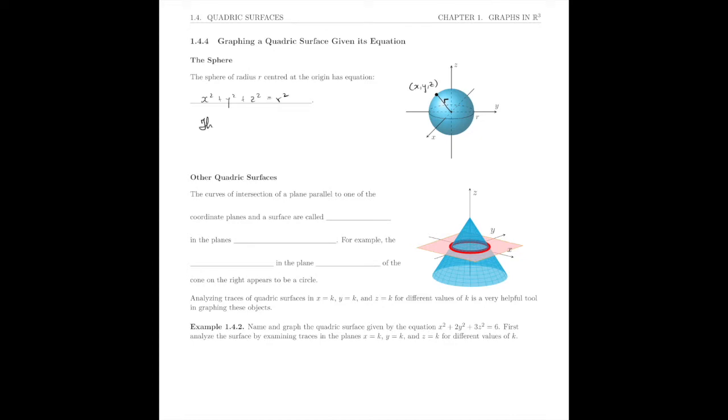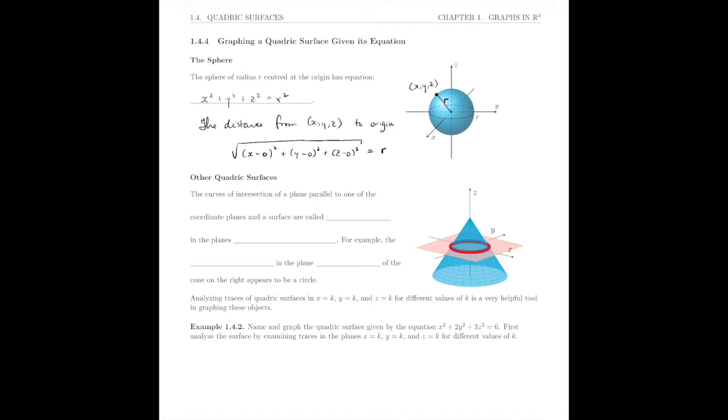The distance from any point x, y, and z on the surface of the sphere to the origin is, applying the distance formula, the square root of x minus 0 squared plus y minus 0 squared plus z minus 0 squared. That distance must be equal to r, and if you square both sides and simplify, you get the equation of a sphere.